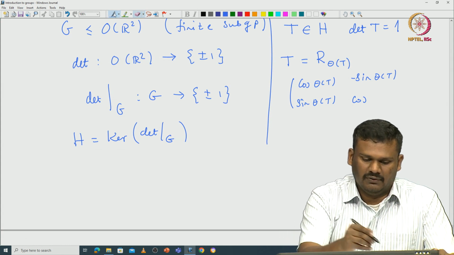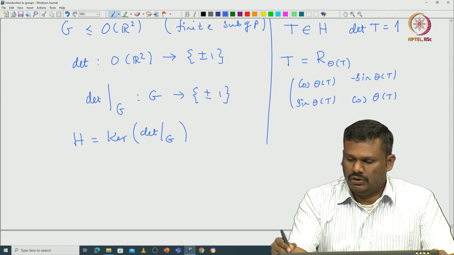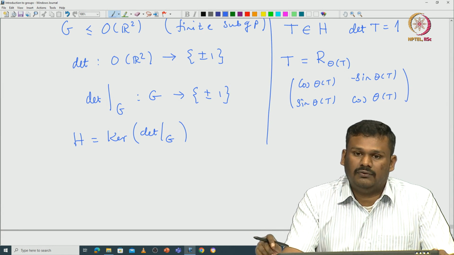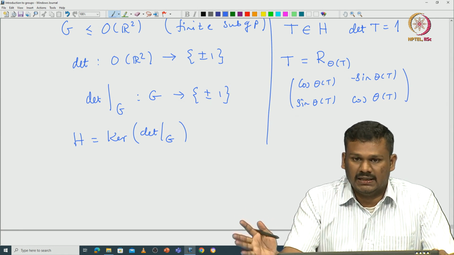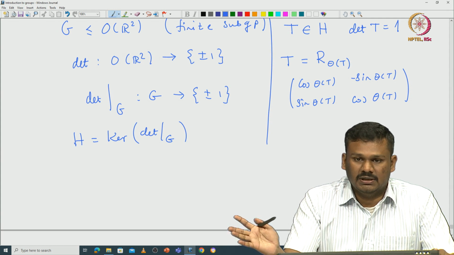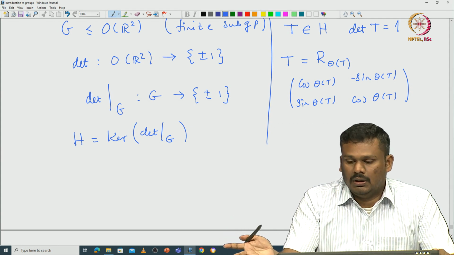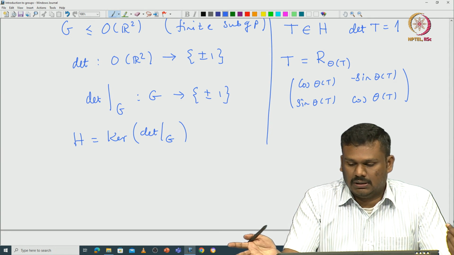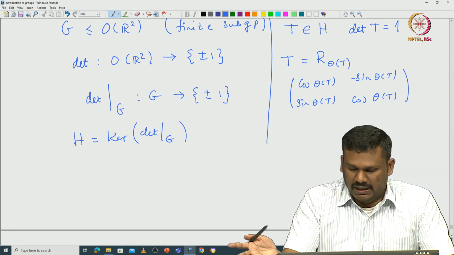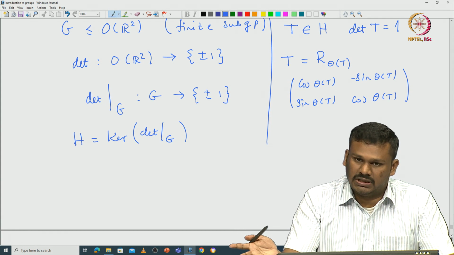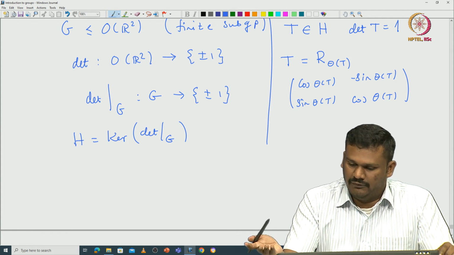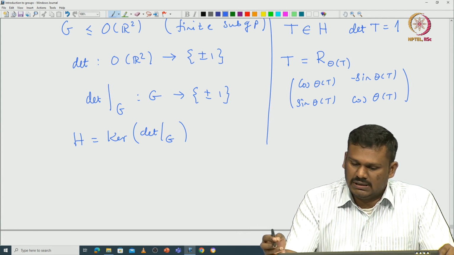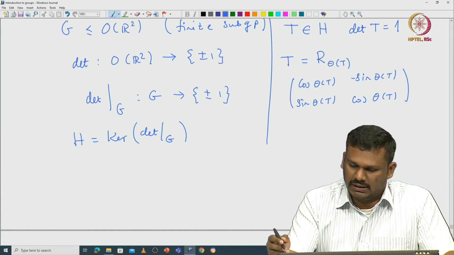This is something we have already observed. If you start with an element of O(R²) that has determinant 1, then that must be a rotation about the origin. And if it has determinant −1, that must be a reflection, and we also have a formula for that.